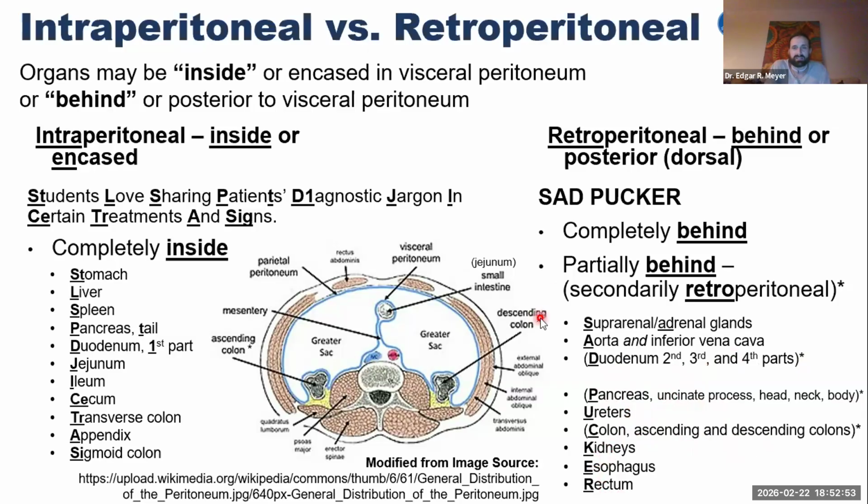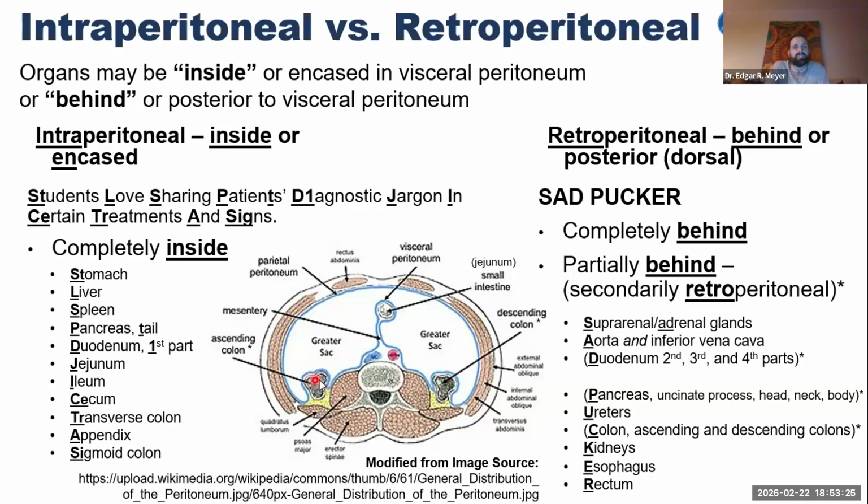In parentheses, I have indicated the structures which are referred to as secondarily retroperitoneal. And as examples, we have our ascending colon and descending colon. These secondary retroperitoneal structures are structures that are only partially covered by visceral peritoneum.